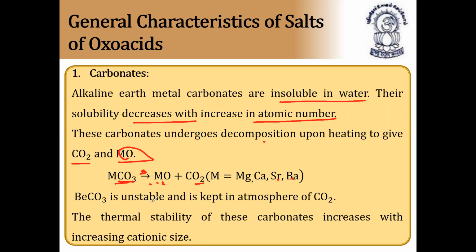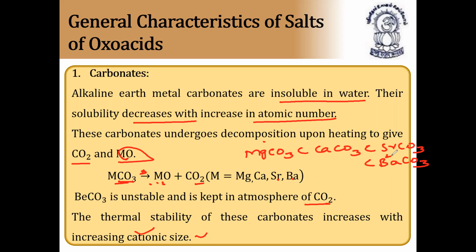Beryllium carbonate is unstable and is kept in an atmosphere of carbon dioxide. The thermal stability of these carbonates increases with the increase in cationic size. MgCO3 is less stable than calcium carbonate, which is less stable than strontium carbonate, which is less stable than barium carbonate, because thermal stability increases with increasing cationic size.